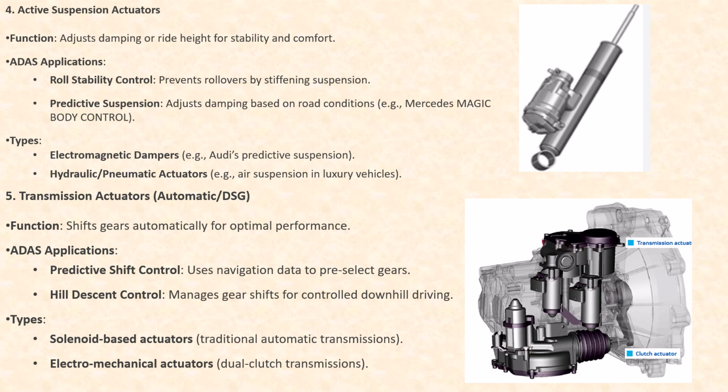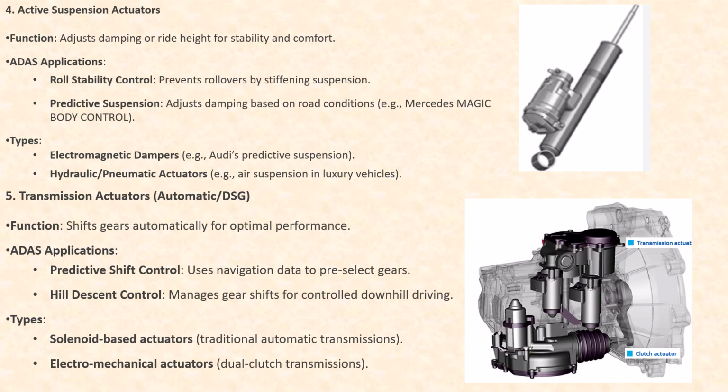If the active suspension is not good, then severe oscillation or wavering in the vehicle can happen, causing severe discomfort to the passengers. So active suspension actuators come into the picture when automatic emergency braking happens.